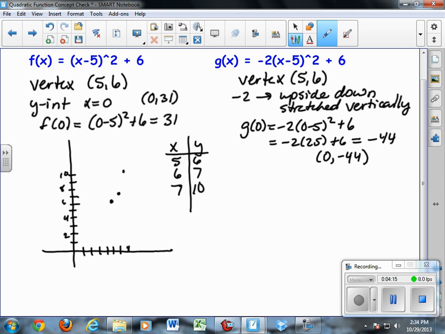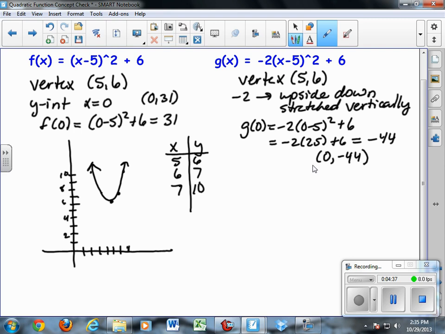And I can then do the same thing going backwards. There's my graph. This is not terribly neatly drawn because I don't have a grid, but that's the basic shape of the graph. So start with the vertex, pick a couple of other points near the vertex, use symmetry to draw the rest of the graph, or use the over 1, up 1, over 2, up 4 pattern.